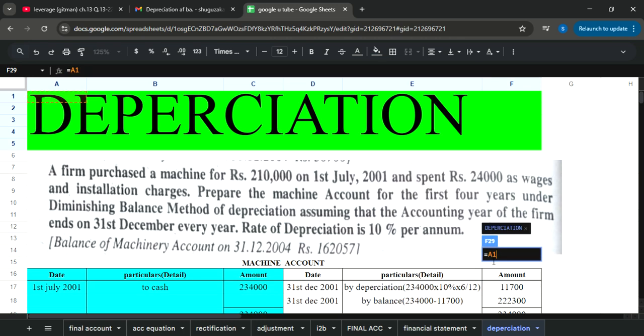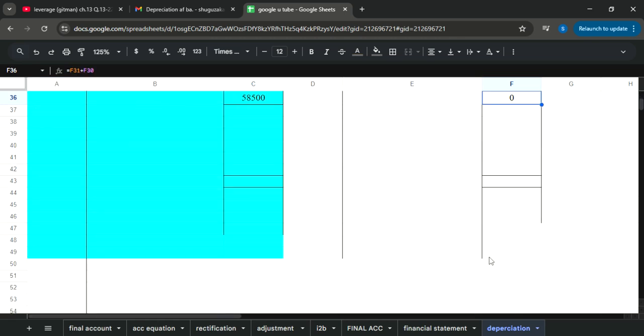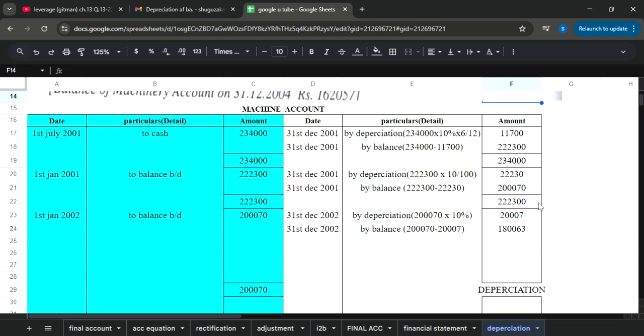First is your balance. This is not working well. First you will see, yes, 2,000,070. First year, second year, and third year.